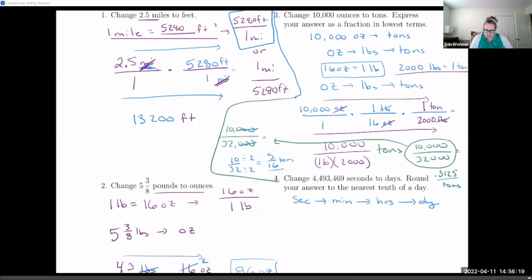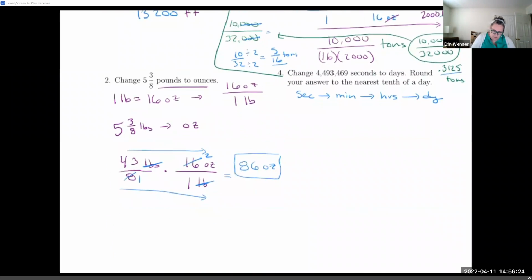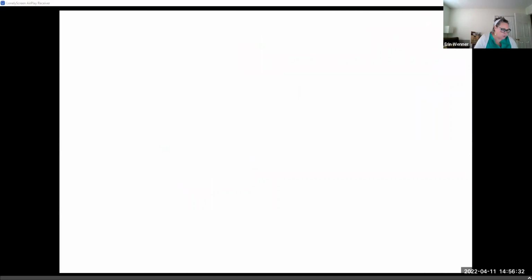Let me put this on a new sheet only because it's a really big problem. So hold on one second. Let me get a blank page. So we're going to convert 4,493,469 seconds to days.